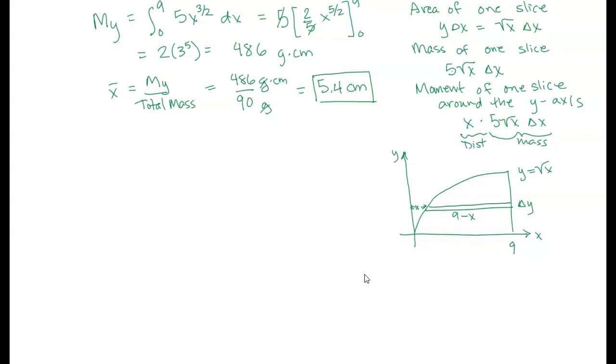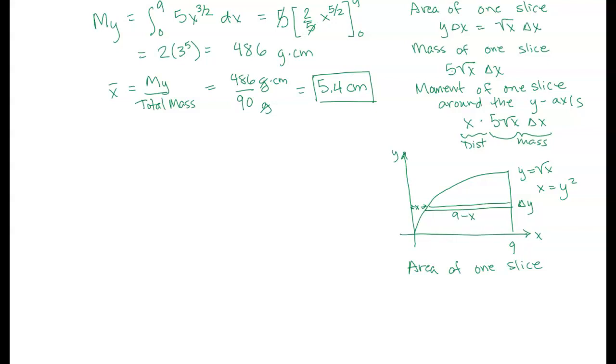So I'm going to rewrite this as x equals y squared. Okay, so now let's find the area. Area of one slice. Start with the area because we're going to get the mass.